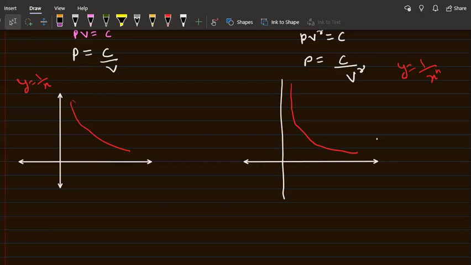It is dP by dV. Yes or no? The meaning of slope is dP by dV. Yes, very good. And for isothermal process, we have already calculated the value of dP by dV. How many of you remember?